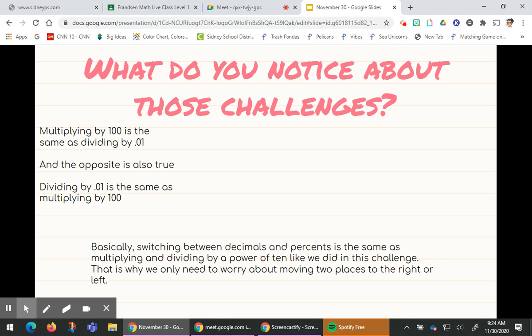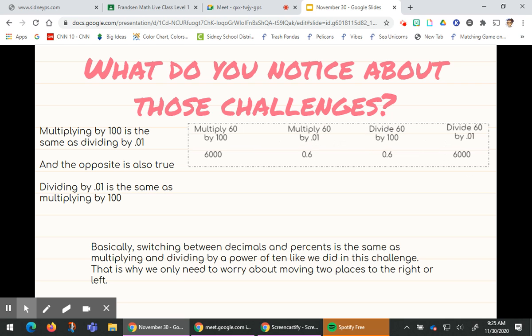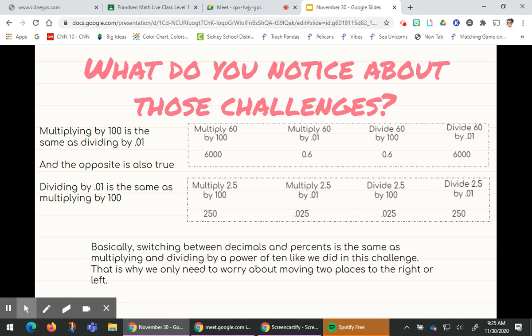Okay, so multiplying by 100 is the same as dividing by 1/100th. And the opposite is true. Dividing by 1/100th is the same as multiplying by 100. Freaky, huh? No. I think it's cool. Okay, and so you can see the answers side by side above one another here.